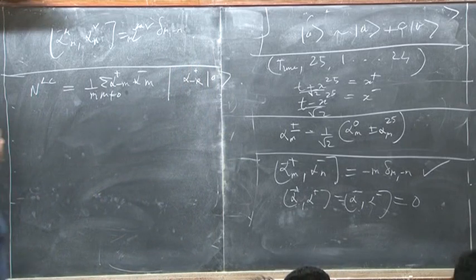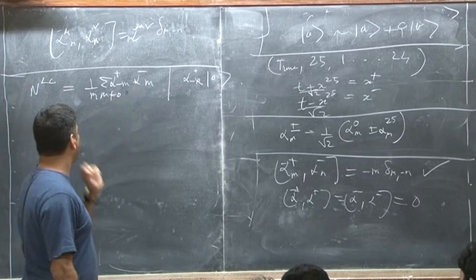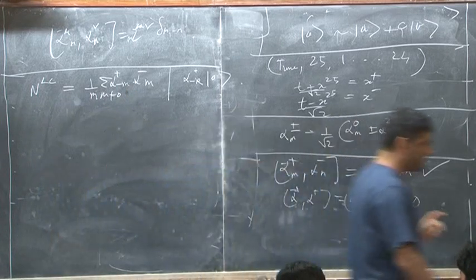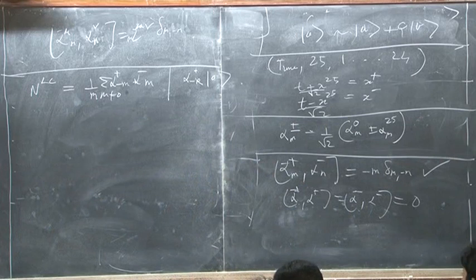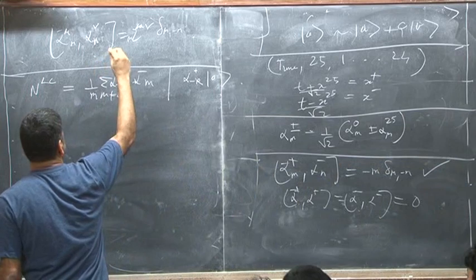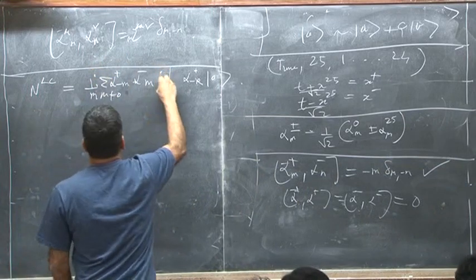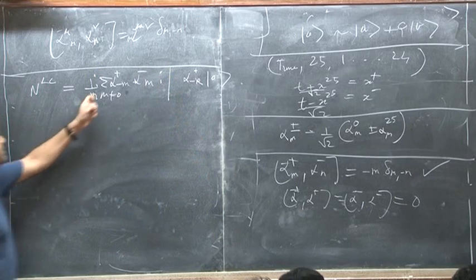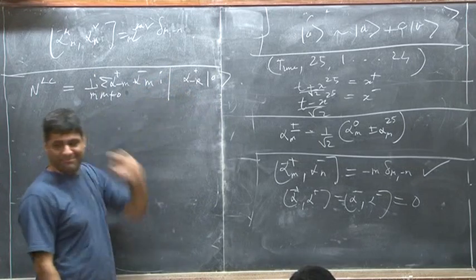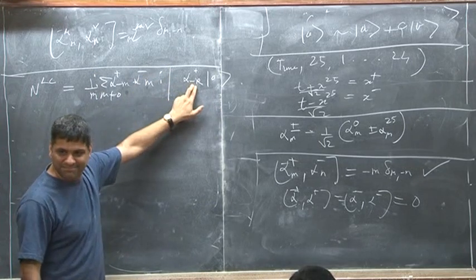The only way this will click is if the other index was k, so this contracts with this.